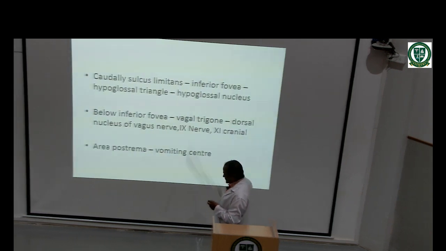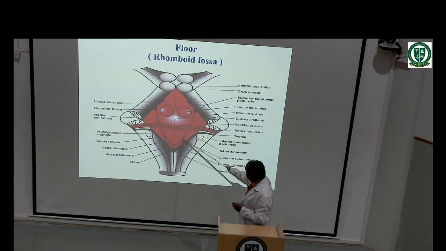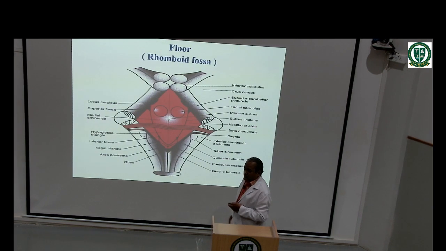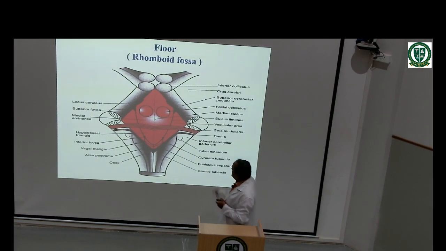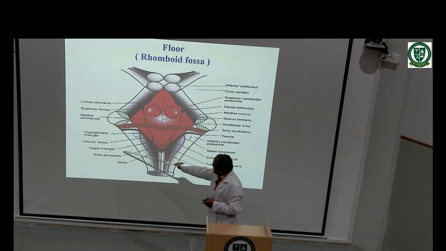So these three nuclei are present here: the vagus nerve nuclei, glossopharyngeal nerve nuclei, and the cranial part of the accessory nerve nucleus, in this vagal triangle.